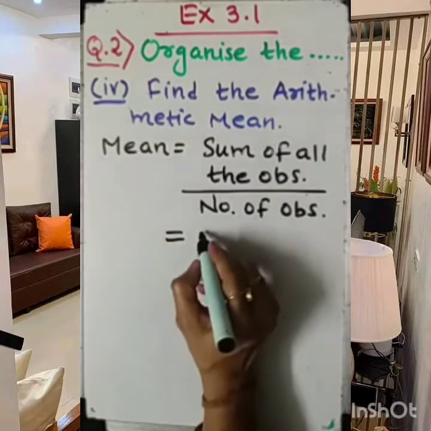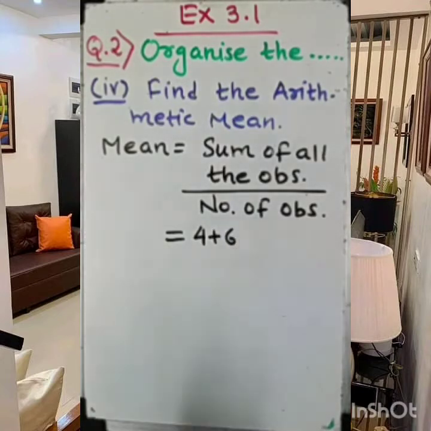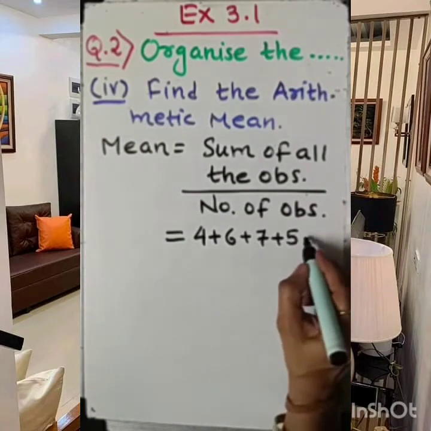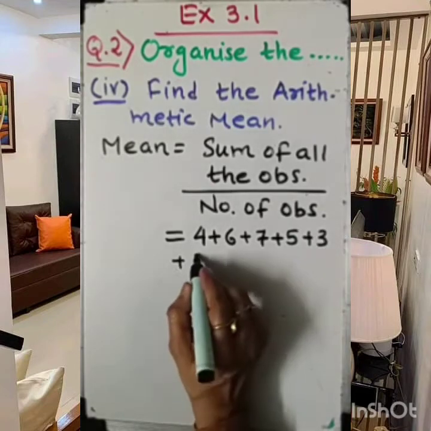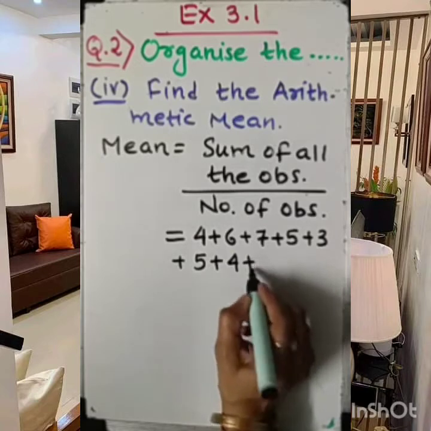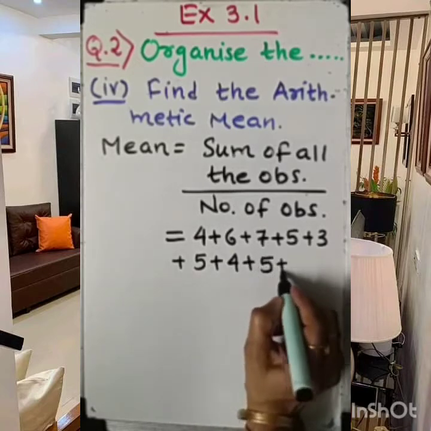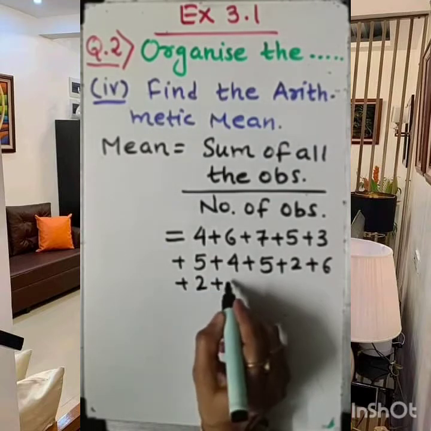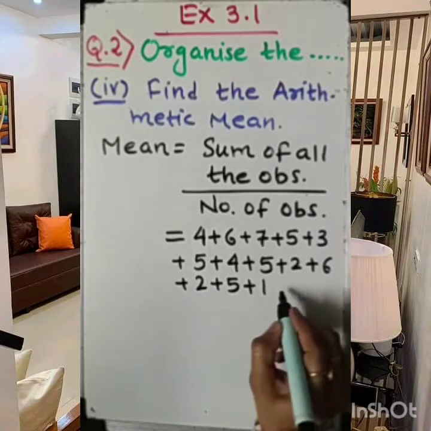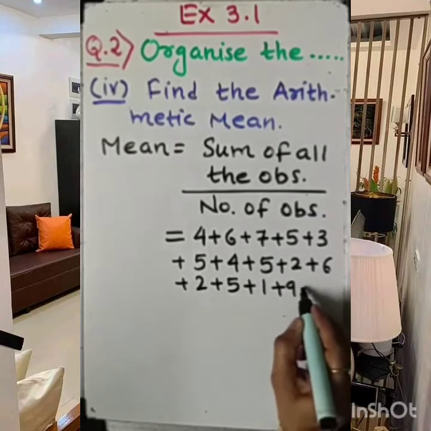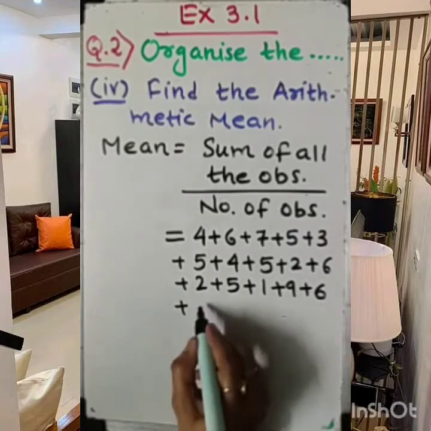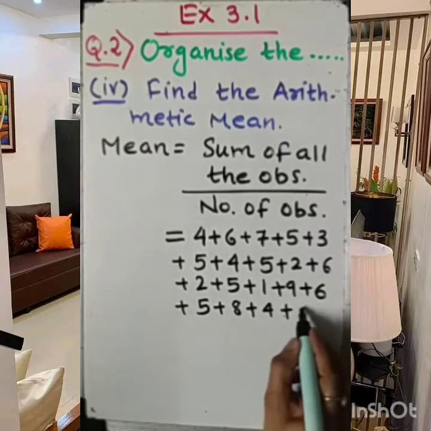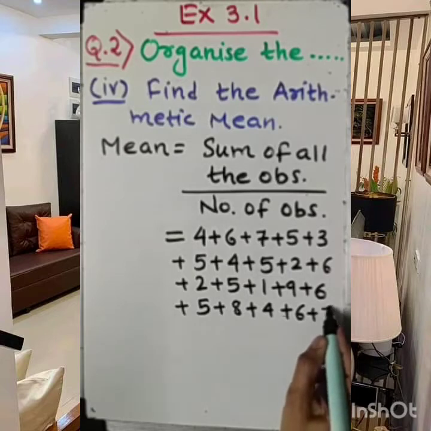So we will have here 4 plus 6 plus 7 plus 5 plus 3 plus 5 plus 4 plus 5 plus 2 plus 6 plus 2 plus 5 plus 1 plus 9 plus 6 plus 5 plus 8 plus 4 plus 6 and last plus 7.